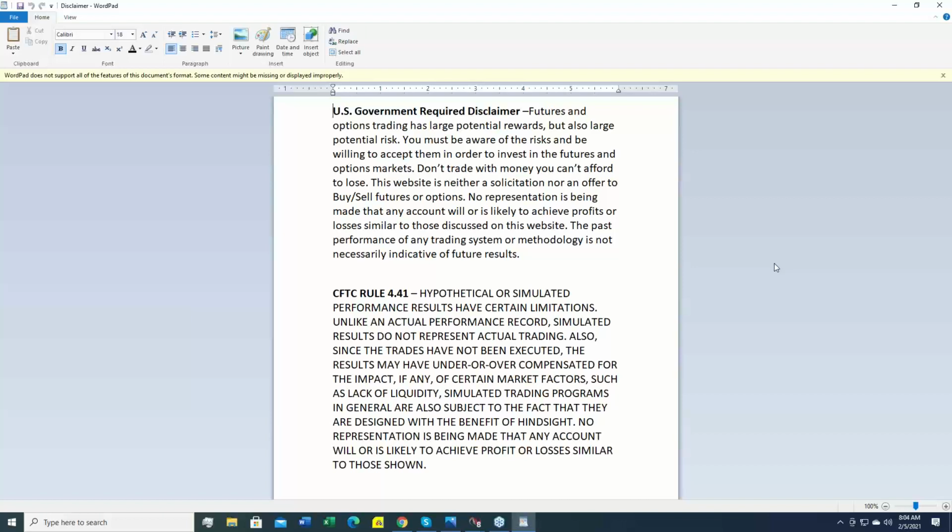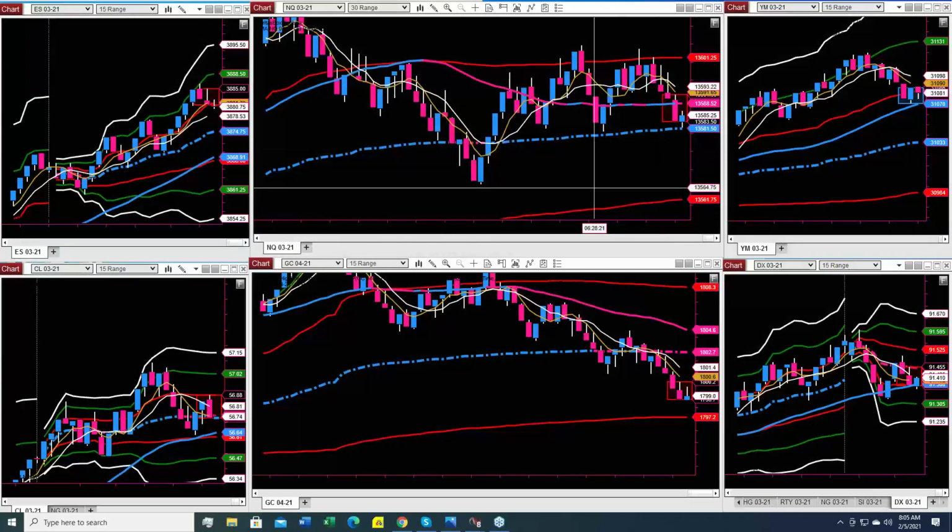Unlike an actual performance record, simulated results do not represent actual trading. Since trades have not been executed, results may have under or overcompensated for the impact, if any, of certain market factors, such as lack of liquidity. Simulated trading programs in general are subject to the fact that they're designed with the benefit of hindsight. No representation is being made that any account will or is likely to achieve profits or losses similar to those shown. Last but not least, past performance is not indicative of future results. The fact that I may or may not be in a trade does not lend more or less credence to that trade. Okay? Trade according to your trade plan. Trade according to your tolerance for risk.